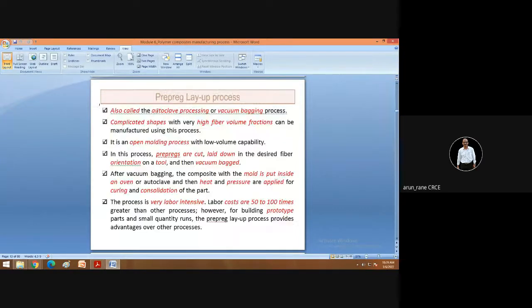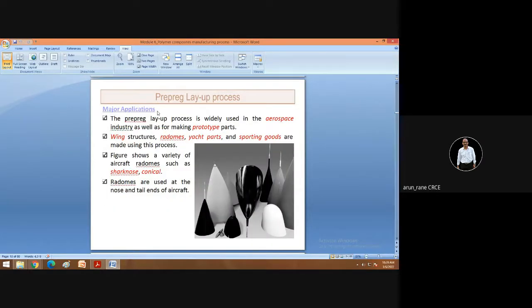Few more disadvantages, these are... then the prepreg layup process, that is nothing but your autoclave processing, that is a kind of a heating process.